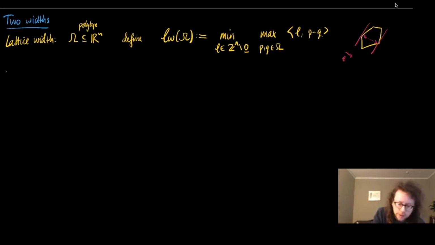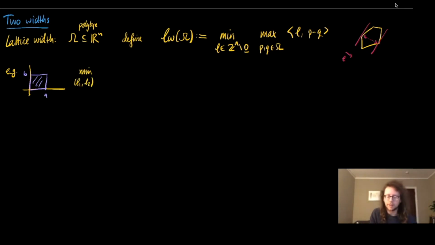So let's just do an example real quick. This is a very useful example for what we'll do. Let's look at that rectangle. So we're using the min over L1, L2, where not both of these are 0, of the max of L1 (P1 minus Q1) plus L2 (P2 minus Q2).